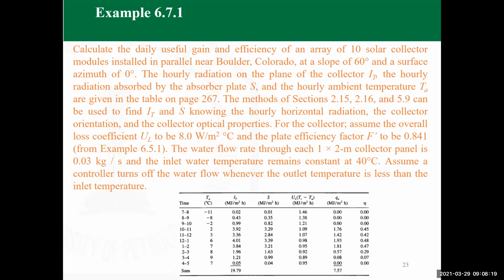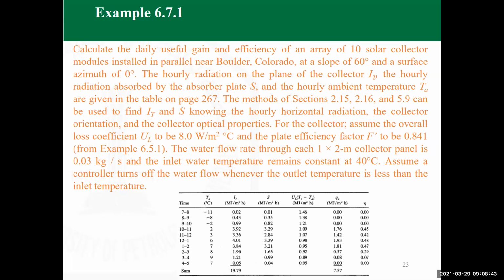And the hourly ambient temperature is being given as well, because normally this is something that might be changing over the day. The ambient temperature changes, the amount of energy reaching from the sun changes, and accordingly, the outlet temperature will change as well.